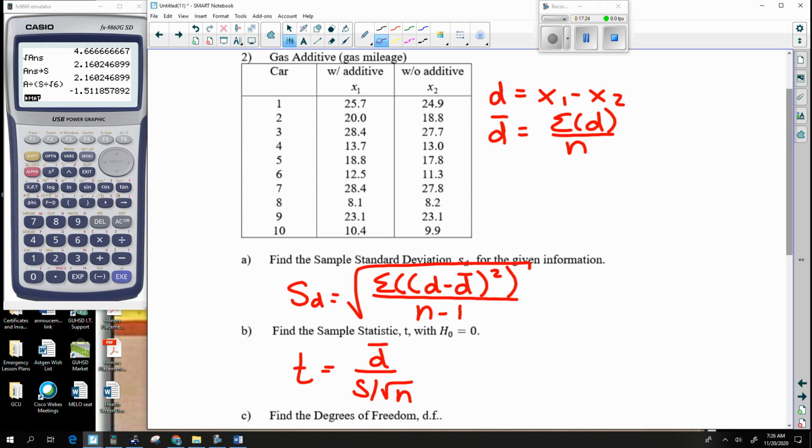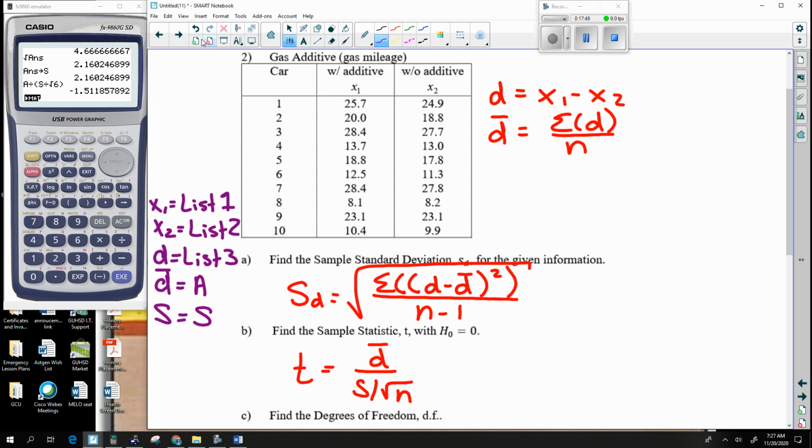And then again, ultimately, what I need to create, that'd be it. Okay, so I go ahead, clear out my calculator.